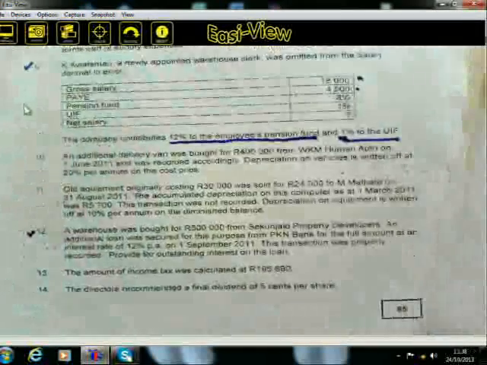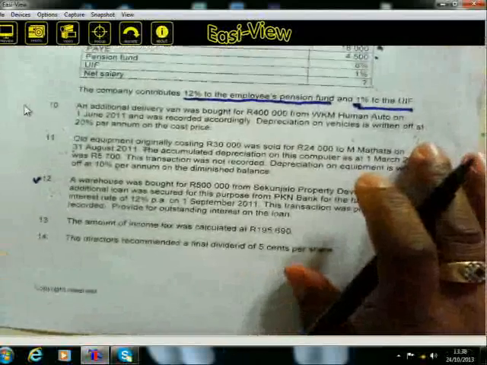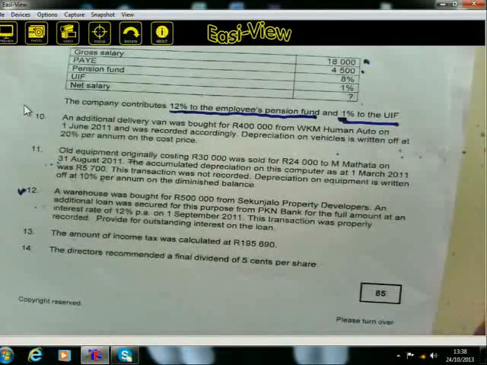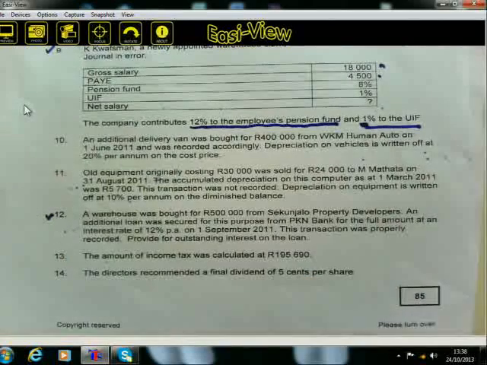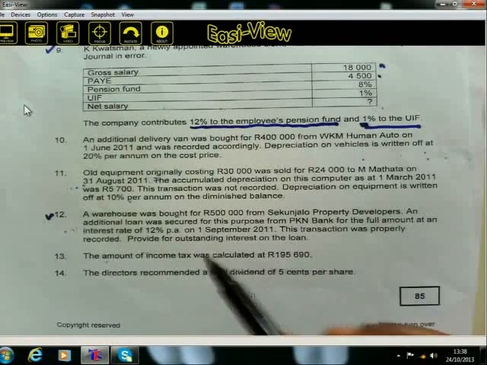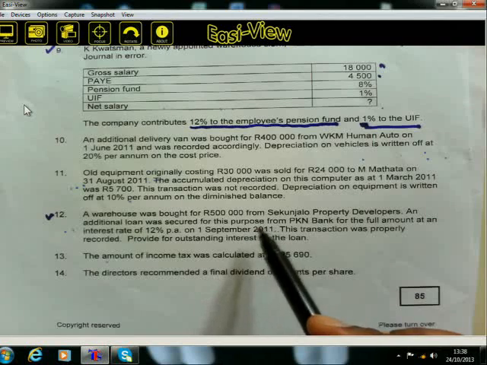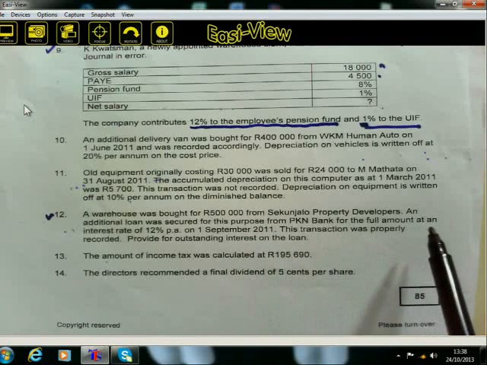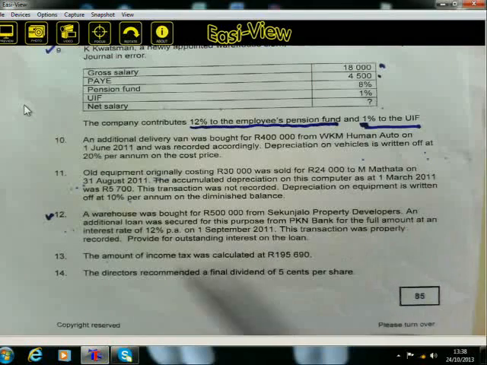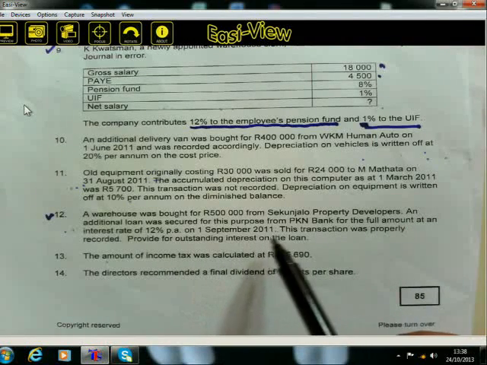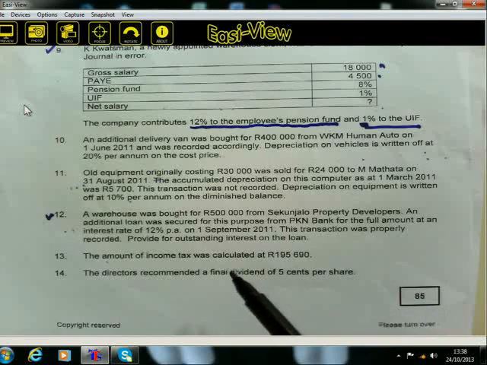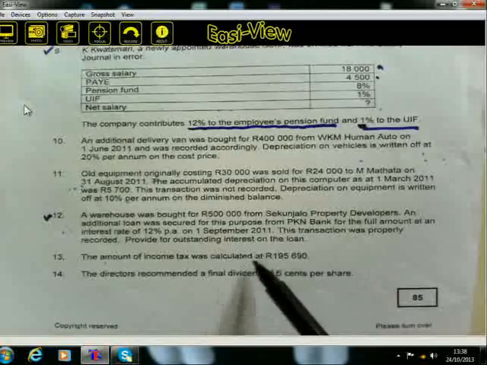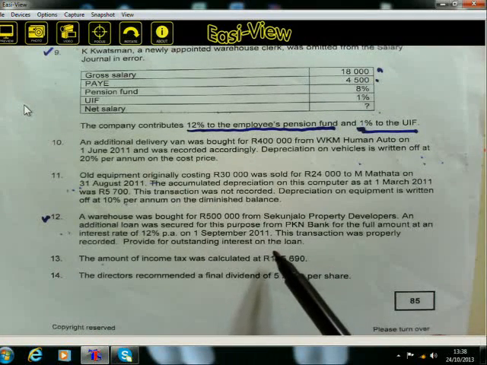Now we can proceed to the next, number 12. We can proceed to the next additional information. According to number 12, it reads: a warehouse was bought for 500,000 from Sekunjalo Property Developers. An additional loan was secured for this purpose from PKN Bank for the full amount at an interest rate of 12% per annum on 1st September 2011.